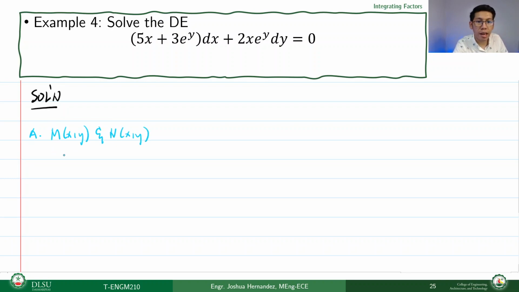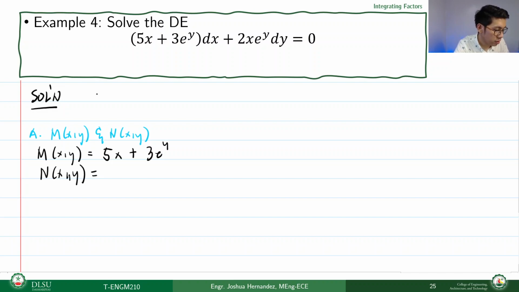And from the equation, we can easily identify that m is 5x plus 3 e to the y, and n of xy is actually 2x e to the y.